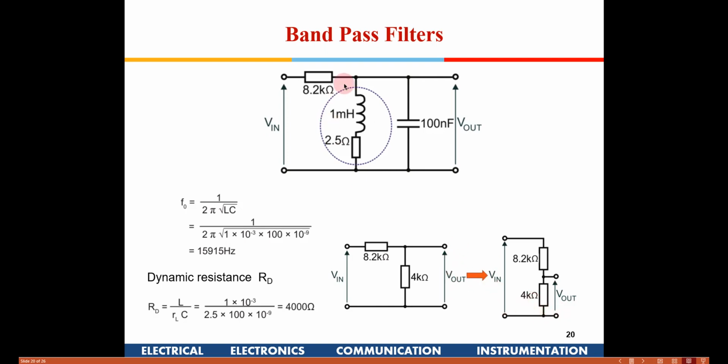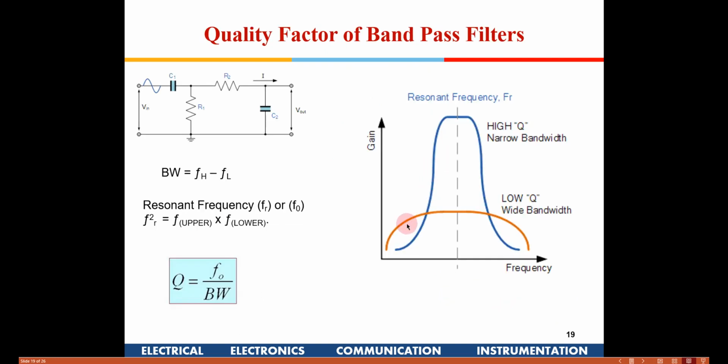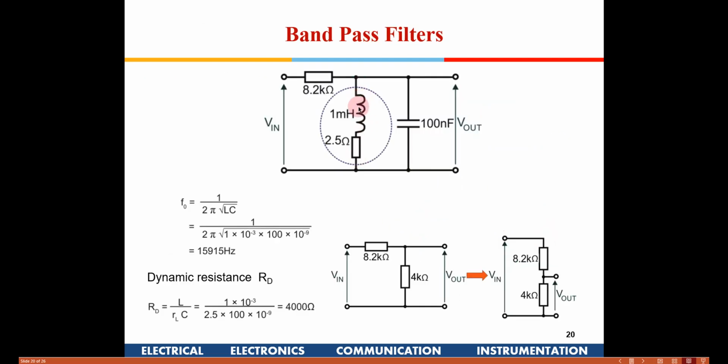Yes, sir. This particular circuit is going to act like a band pass filter where only a certain band of frequencies will pass through with good gain. The low frequency signals are going to be attenuated because of the inductor, and the high frequency signals are also going to be attenuated because of this capacitance in parallel.